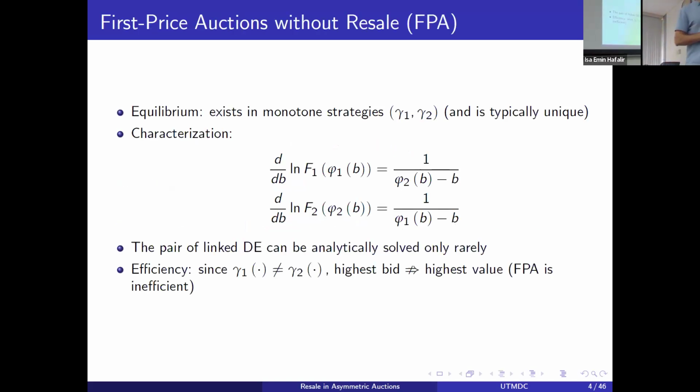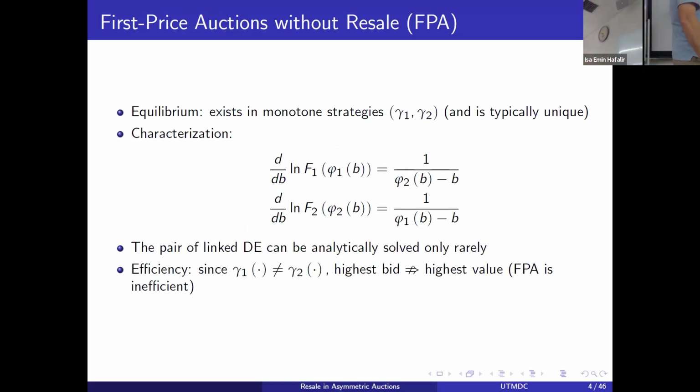Let's first refresh our memories about what we know in this context about first price auctions without resale. We know that there exists a monotone equilibrium, and it is typically unique. There are again some papers by Lebrun, Rennie and others about uniqueness of equilibrium.